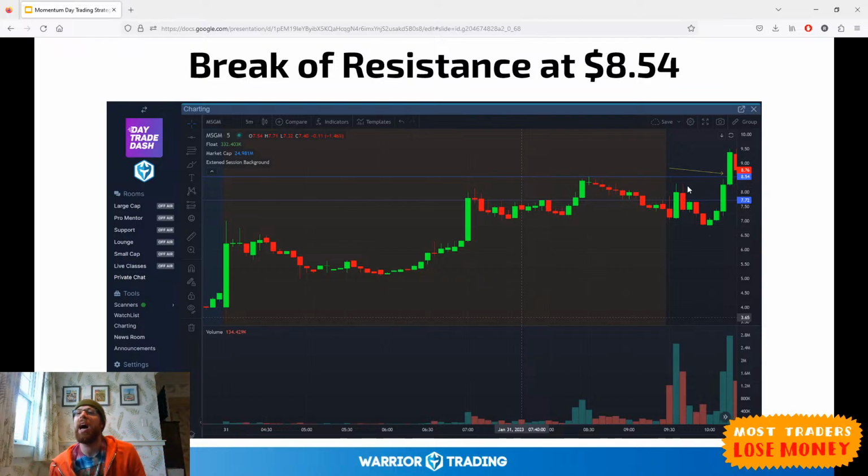It's very common that we see a lot of volume around these breakout spots. It's a combination of short sellers covering and long traders adding to positions. So really nice breakout here from 8.50 up to 9.50. That's $1 a share. With 1,000 shares, that's $1,000 of profit right in that kind of candle.